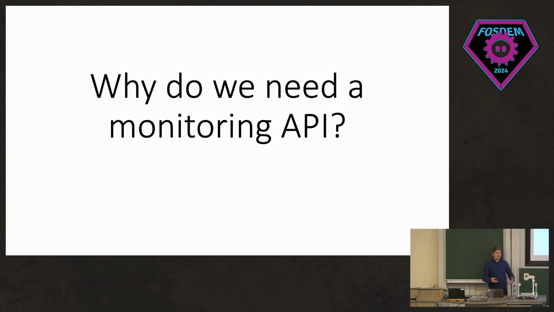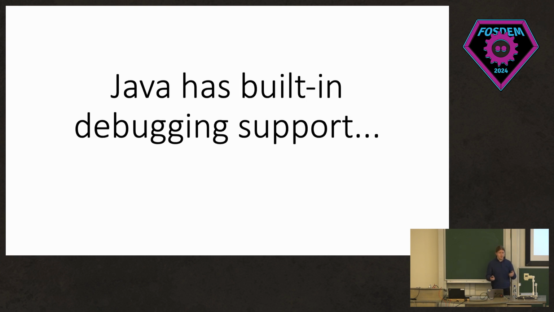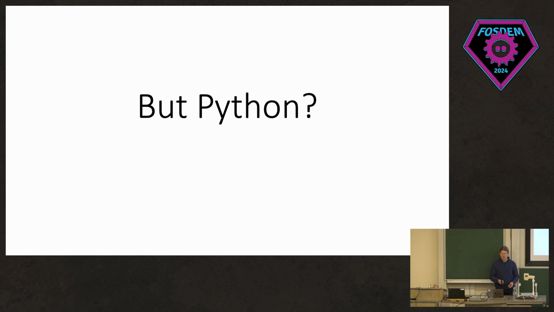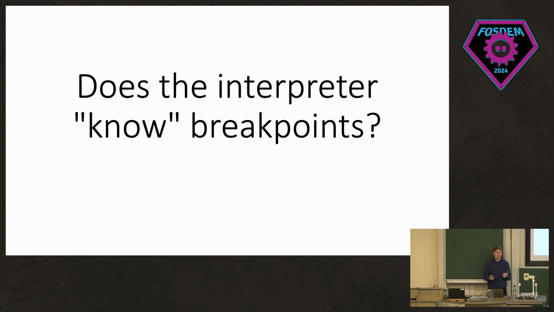The question is now, why do we need a monitoring and debugging API? Because I'm from the Java world, and in Java we have a built-in debugging API. So we have the ability to set breakpoints, to ask for values, to walk the stack and have everything. But in Python, does the Python interpreter know about the concept of breakpoints?